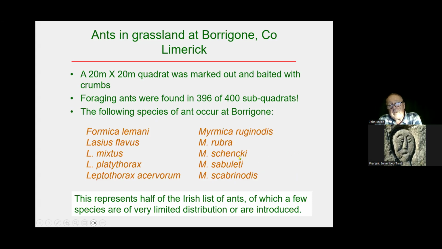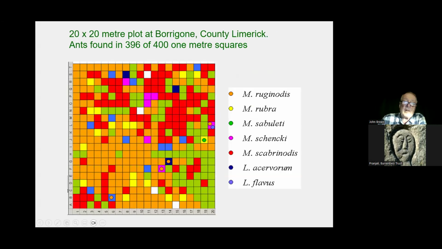And some of these, Myrmica schencki, Lasius mixtus over here, are quite rare species in Ireland. We're all within 20 square meters. Well, 400 square meters, but a 20 by 20 quadrat. And that's it visually. So you can begin to imagine the distributions of different colonies of the different species.